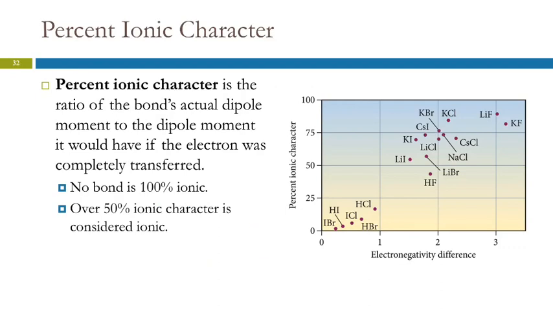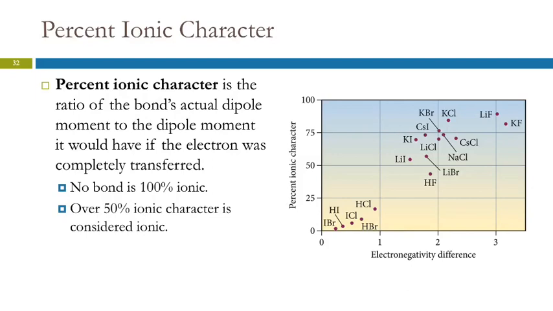We can also talk about percent ionic character, and that would be the ratio of the bond's actual dipole moment to the dipole moment it would have if the electron was completely transferred. So if this was ionic, that would be the whole thing, and what it actually is is the part over the whole times 100.